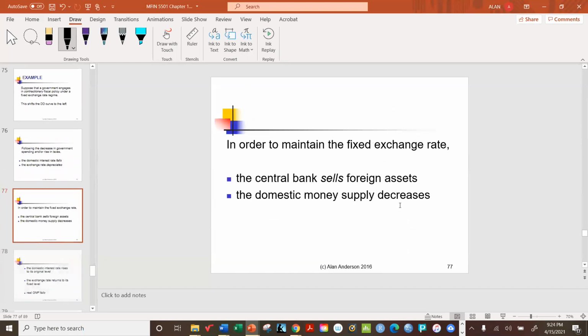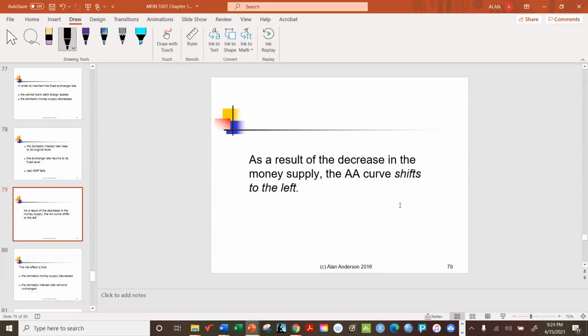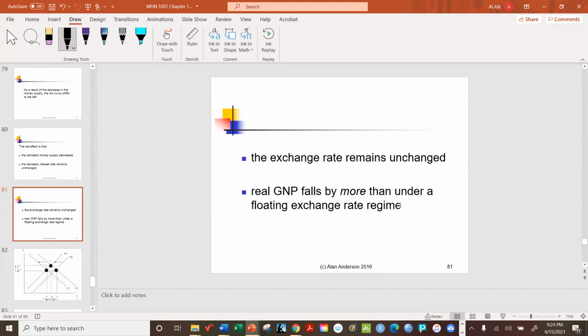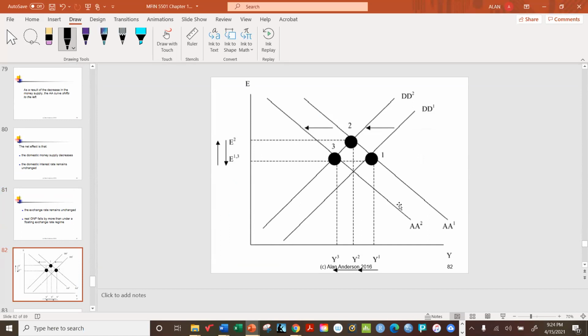Now, obviously, all this works in reverse if we're trying to engage in contractionary fiscal policy. Let me just quickly show you how that works. We start out here. And this is a result of selling foreign assets.